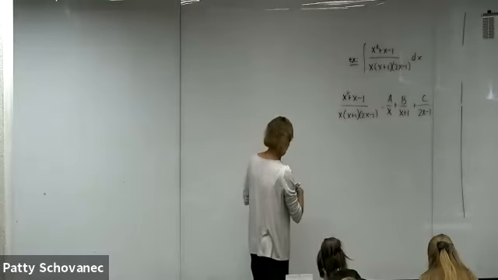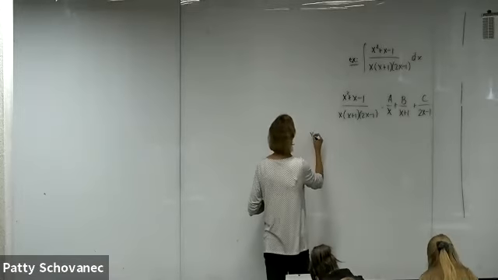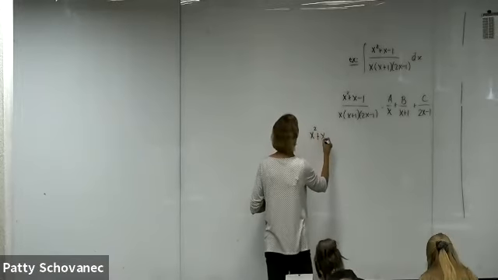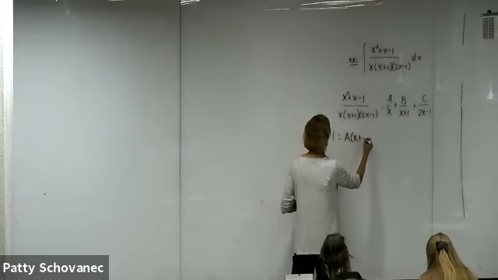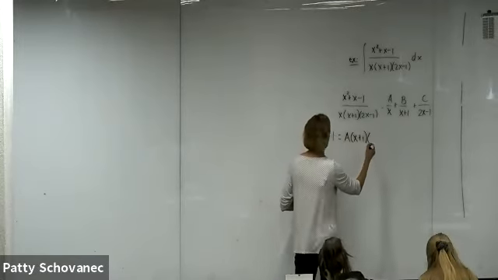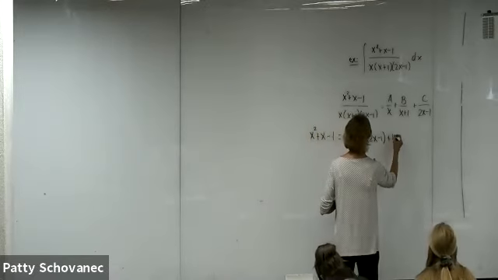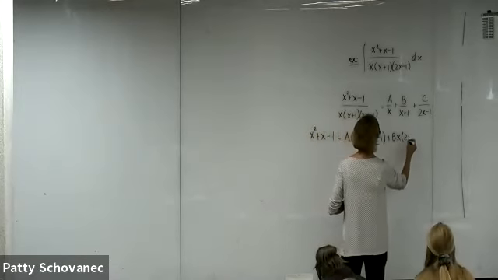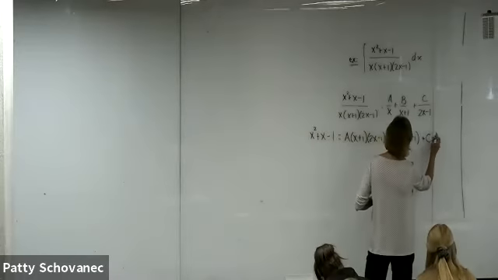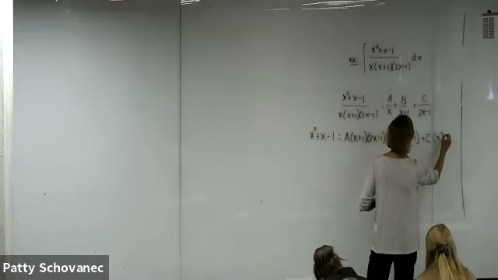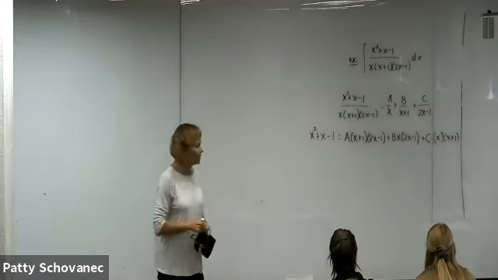Let's see, multiply both sides by that denominator. You should get this equation. That's the first step, multiply both sides by that common denominator.